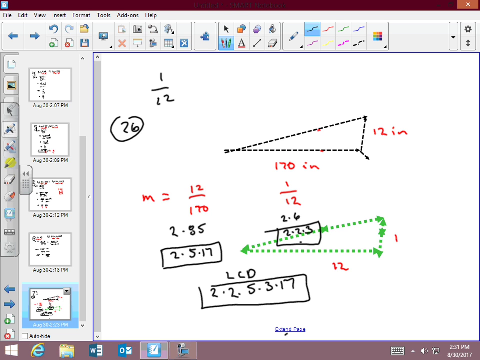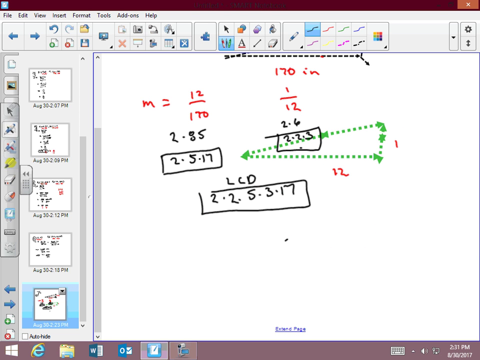So that means both of these fractions right here, 12 over 170 and 1 over 12, would both have to be set up so that they have these factors in them. The 170 is actually 2 times 5 times 17.